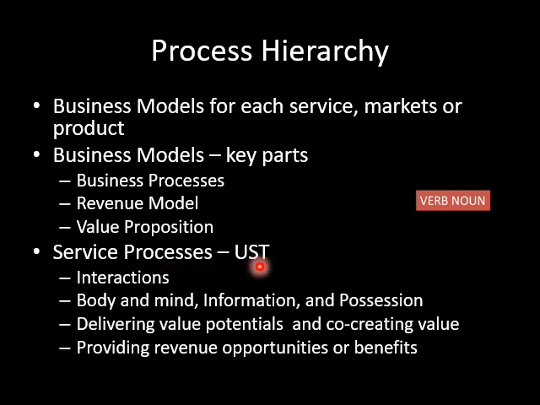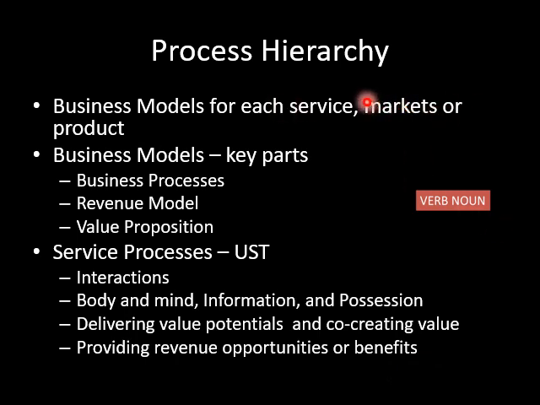So service processes, we talked about the Unified Services Theory: interaction, body and mind, information and possessions. We very early touched on this at the beginning of the unit. Delivering value potential and co-creating value, and providing revenue opportunities.